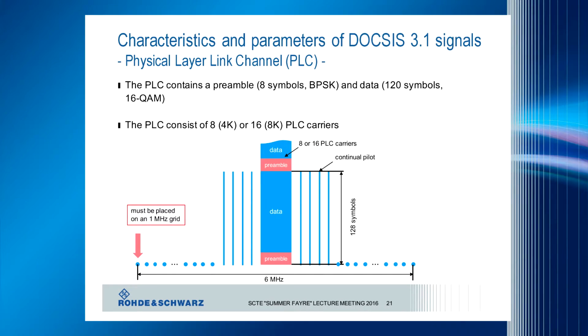Important to know: the channel bandwidth is defined as 6 megahertz, but just a small portion of the 6 megahertz is in use for the carriers, protected by a number of continual pilots. And of course, the location of the 6 megahertz channel must always be on a 1 megahertz grid, to make it easier for the modems to do a channel scan and find the PLC information, which is necessary afterwards for the complete decoding of the signal.